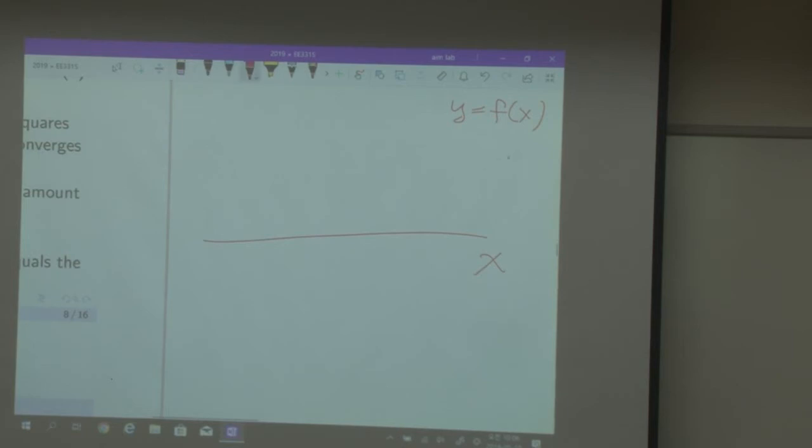Let's go out a little bit. Like that. And what am I trying to find? Right, that point right there. So you start with some initial point.